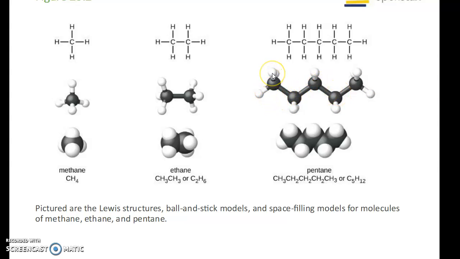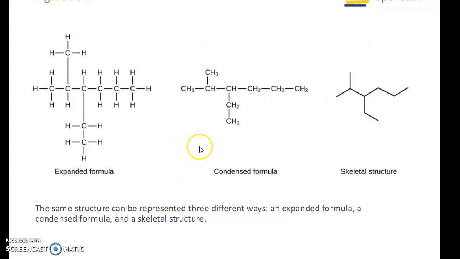And you can see that the hydrogens are going to be into the plane and out of the plane, as well as on the plane, so that you have 2 in, 1 in, 1 out here, 1 in and 1 out here, 1 in and out here, and then these 2 hydrogens are on the same plane as the carbon molecules. This is methane, ethane, and pentane. So 1 carbon, 2 carbons, etc.